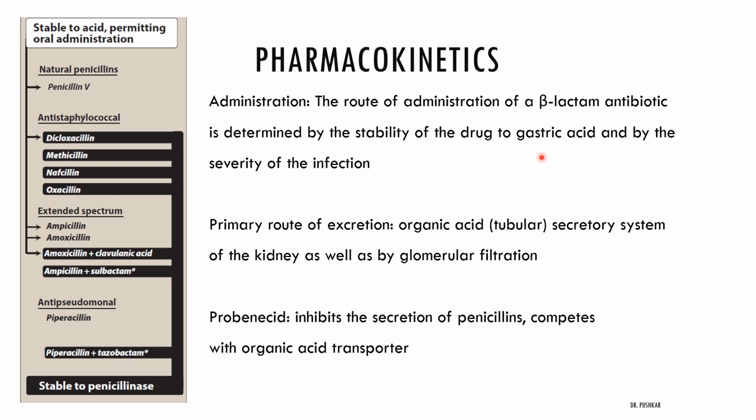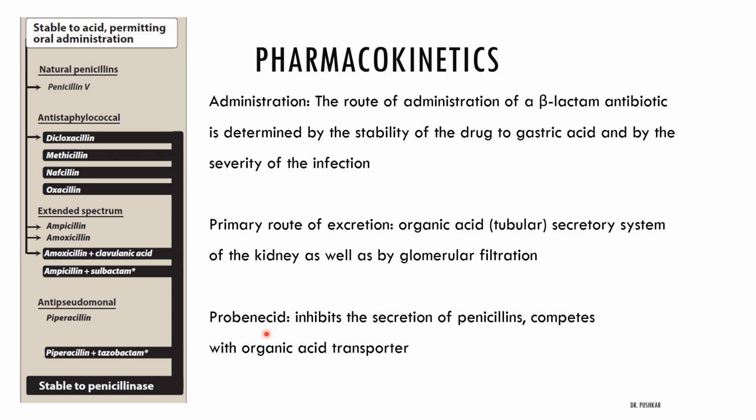In the route of excretion, we can see that the penicillins are secreted by the kidney by means of the organic acid secretory system. Okay, and this organic acid transporter is competed for by probenecid.